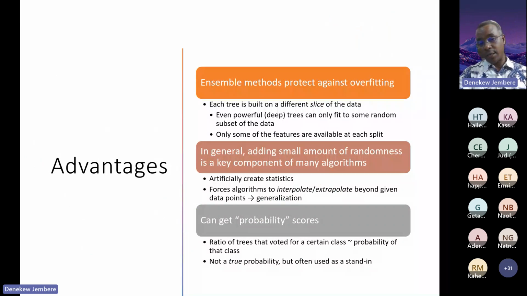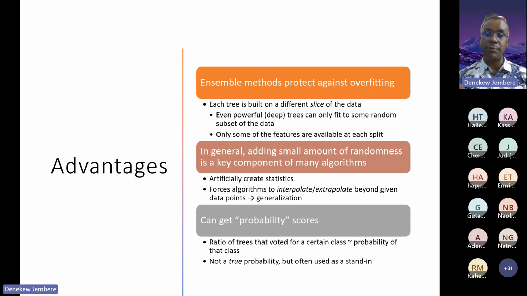And the advantage, as we touched on earlier, is that ensemble methods, or using multiple models trained from a single data set, protect against overfitting.